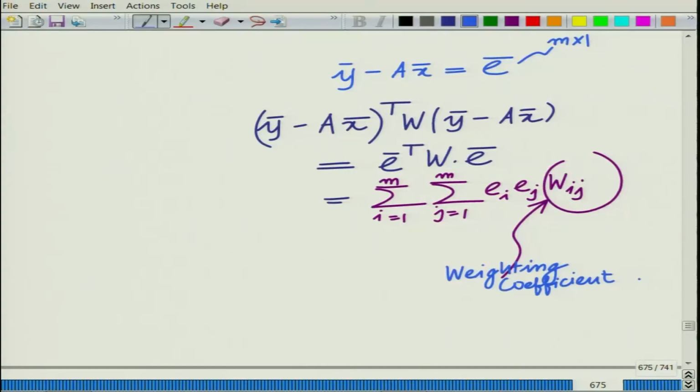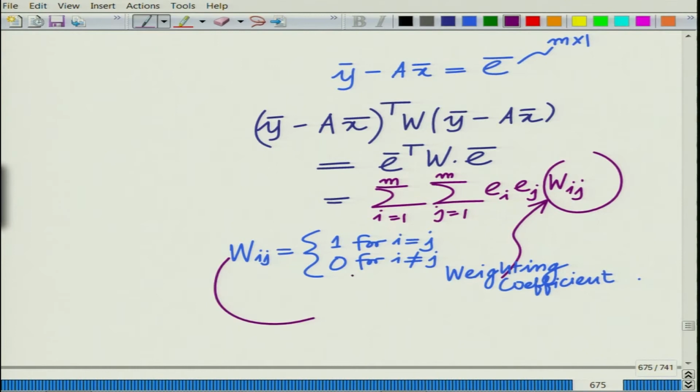Now, if you set the weighting matrix as Wij equal to 1 for i equal to j, and 0 for i not equal to j, then this reduces to your normal least squares.